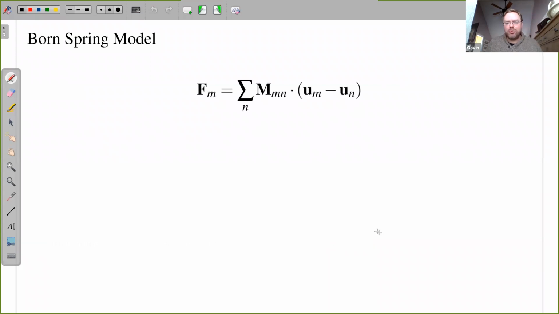Here's the typical force equation that you might get from this. In terms of the different terms, this would be the force that's acting on a given node, and it's related to the relative displacements of the nodes around it, right?